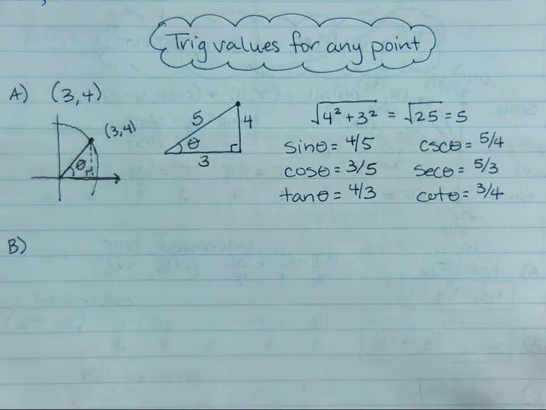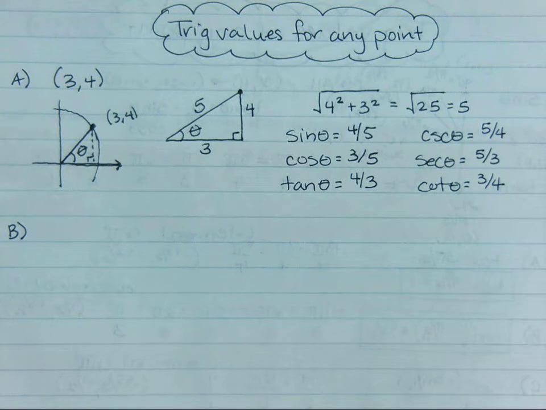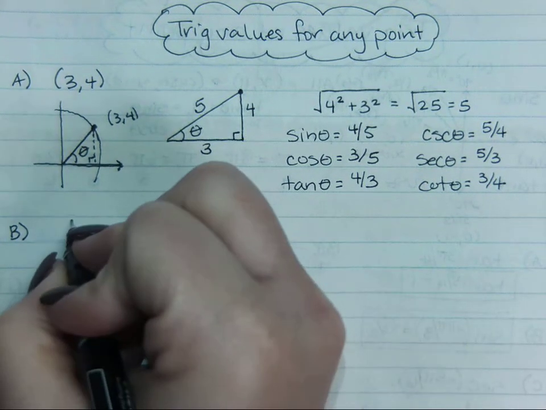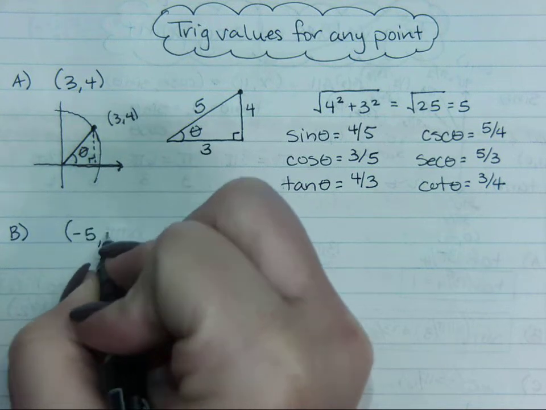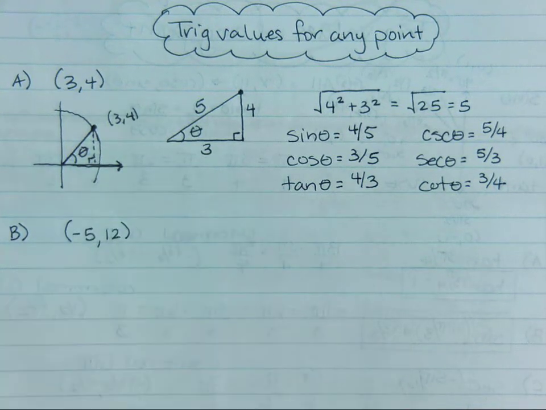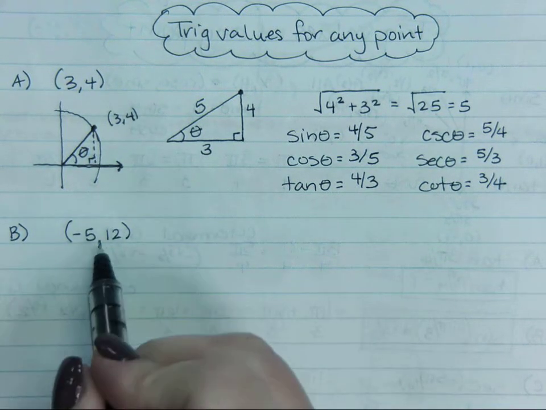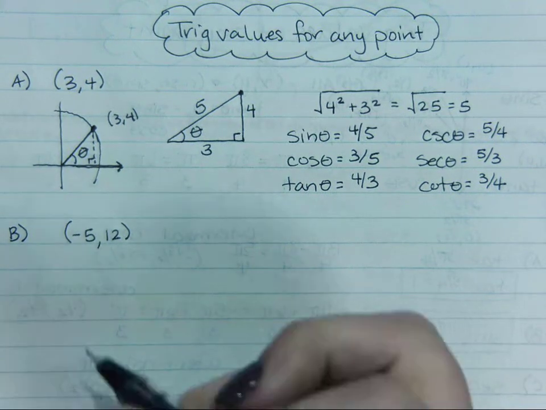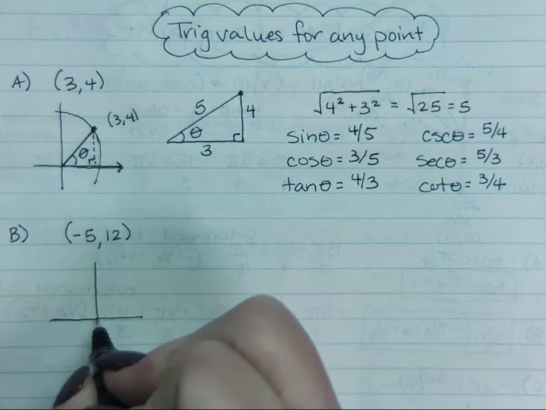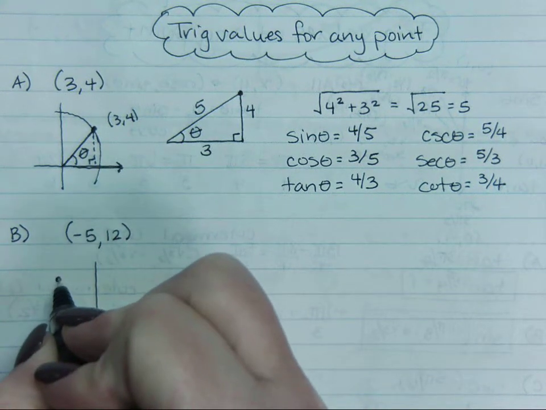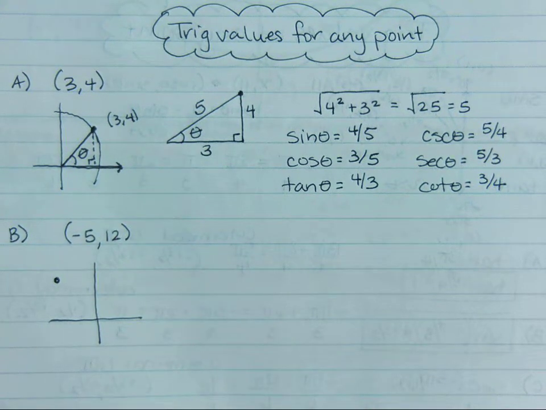Now you need to be careful when you are in different quadrants. For example, if I give the coordinate (-5, 12). Okay. So this coordinate is in the second quadrant. If I were to think about drawing that again, (-5, 12) would be somewhere in the second quadrant.